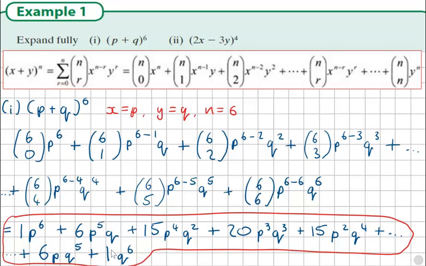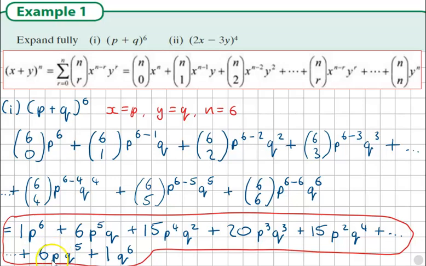So you can see the pattern. Then in terms of the powers, they all add up to 6, and that's because we had a power 6 at the start. So you just have a 6 there. Then we have 5 and a 1, because q on its own is q to the power 1, and 5 plus 1 is 6. Then 4 plus 2 is 6, 3 plus 3 is 6, 2 plus 4 is 6.